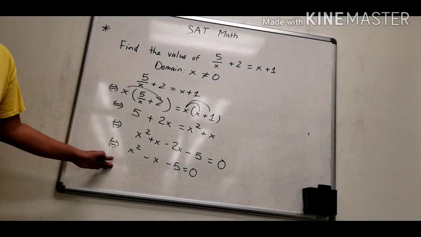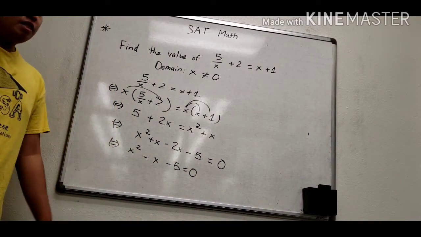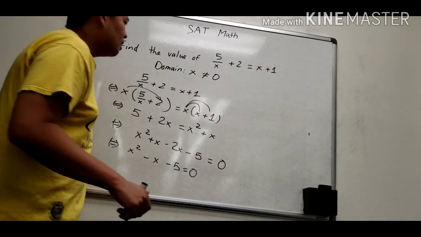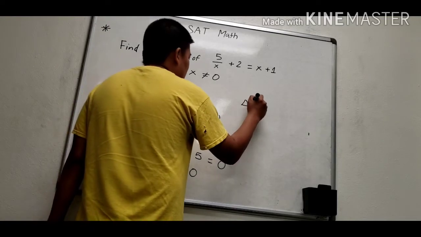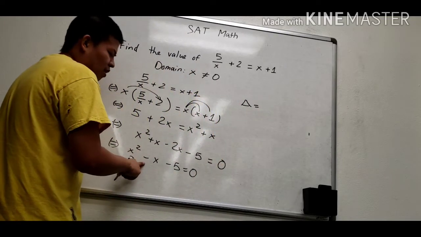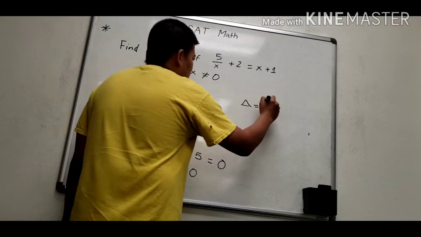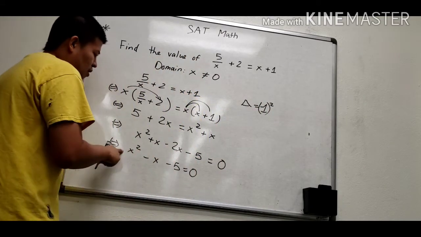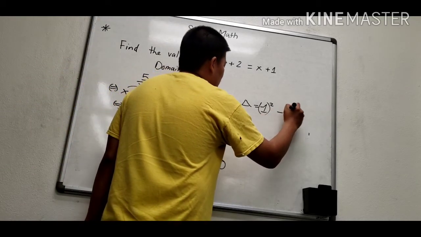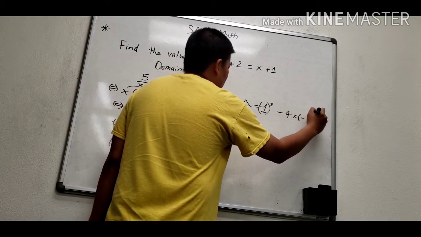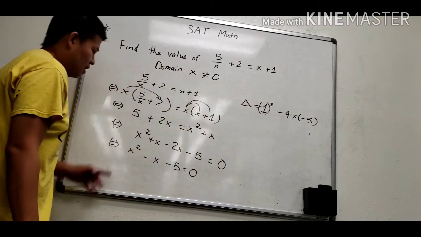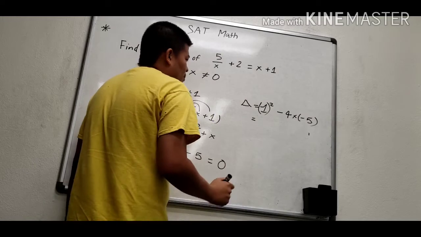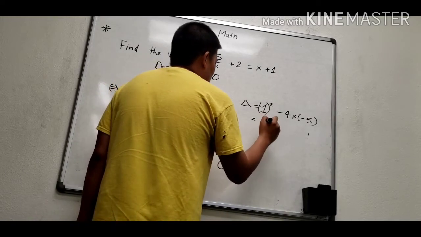This one is a quadratic equation. We use the quadratic formula, and we have delta. We have minus 1 power 2, where minus 1 is the coefficient, and minus 4 multiplied by minus 5, and a is 1. Minus 1 power 2 becomes 1.